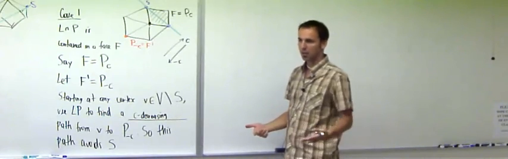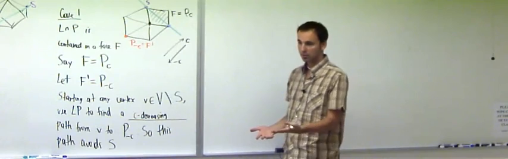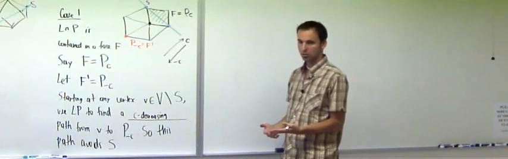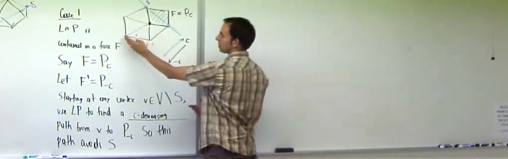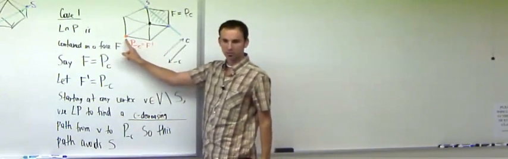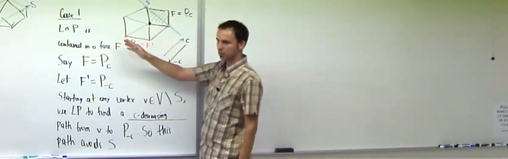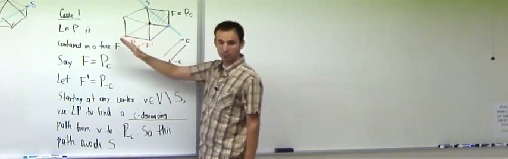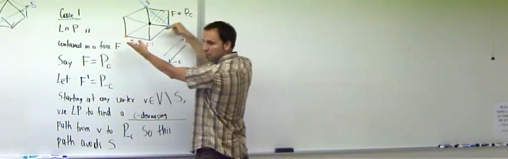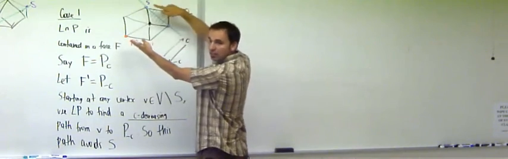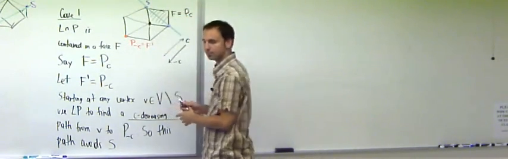And then I'm going to say, well, the bottom is a lower dimensional polytope, and so it's connected by induction. So if the bottom graph is connected, I mean, here it's a little bit misleading because it's only a point, but in general, this is a face, and it has its own graph. So it has a graph that is connected by induction, and from any vertex, I can walk to that part of the graph without touching S. So that means that when I delete S, I haven't disconnected the graph.